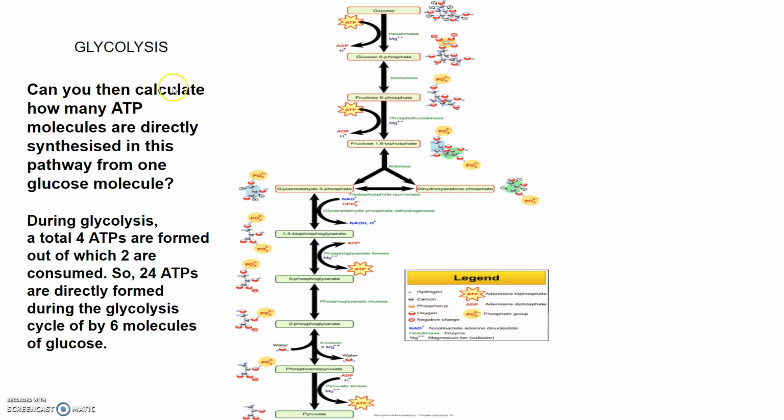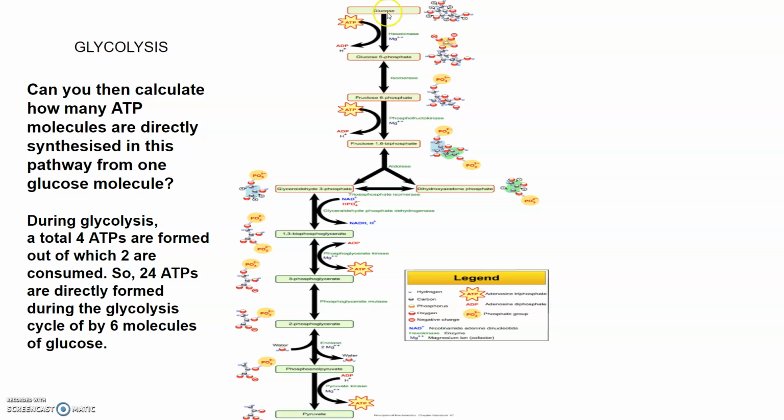So here, can we calculate how many ATP molecules are directly synthesized in this pathway from one glucose molecule? Now during glycolysis, a total of 4 ATPs are formed, out of which 2 are consumed. So 24 ATPs are directly formed during the glycolysis cycle by 6 molecules of glucose.